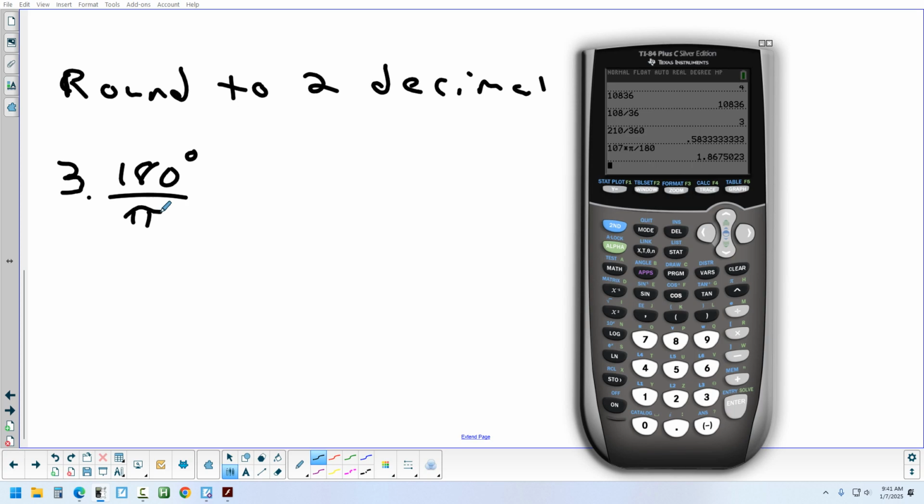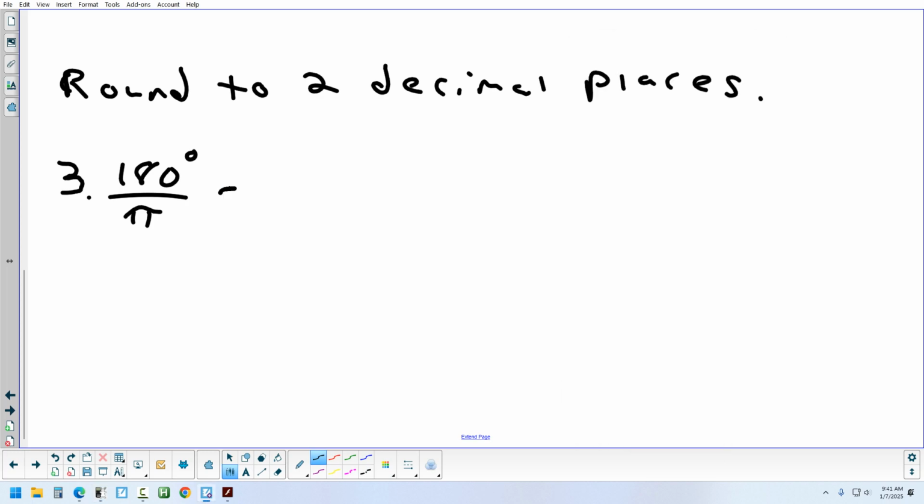Okay, let's type that in. Do it the same way we did it before. Use the pi button. So that's 540 divided by pi, 171.89. And remember, that is in degrees.